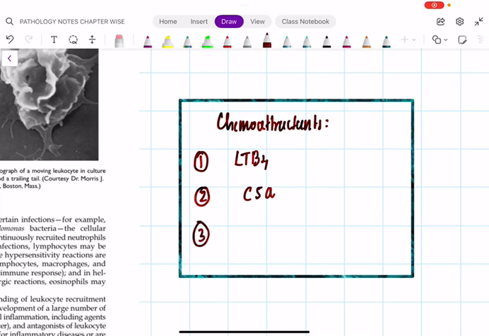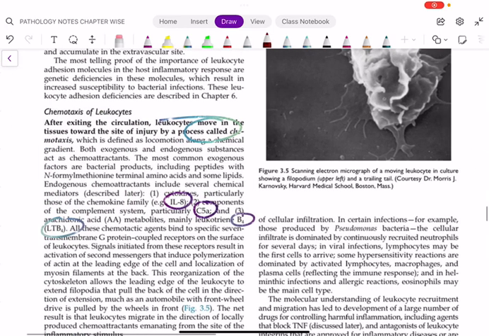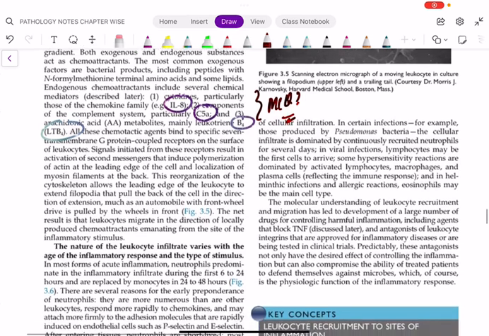Leukotriene B4, C5a and interleukin 8. Anything we have missed? No. Fine. Definite MCQ. These molecules will attract the leukocytes.